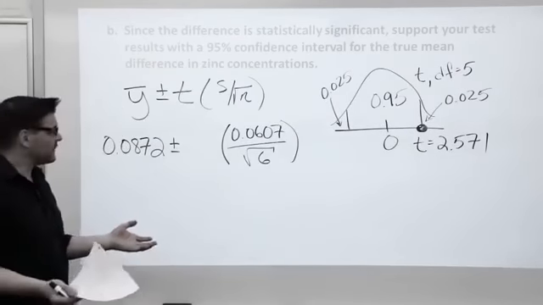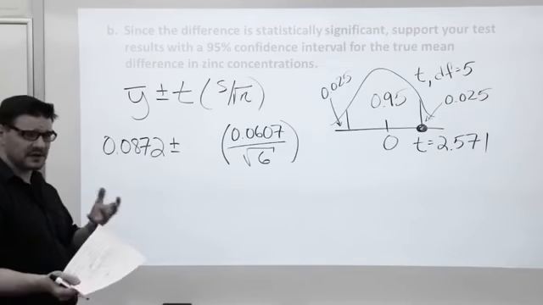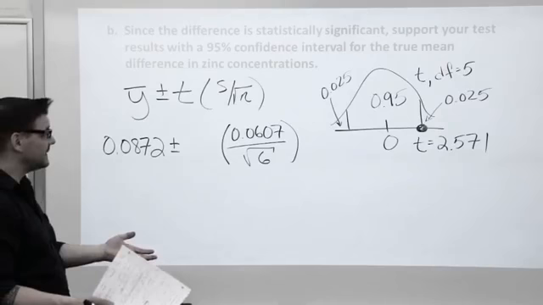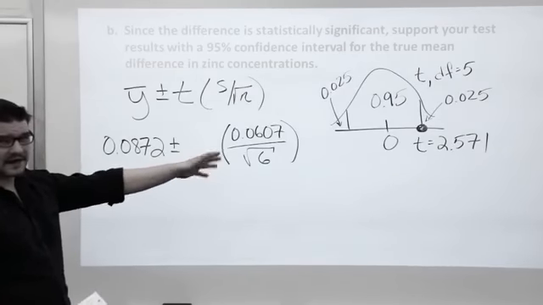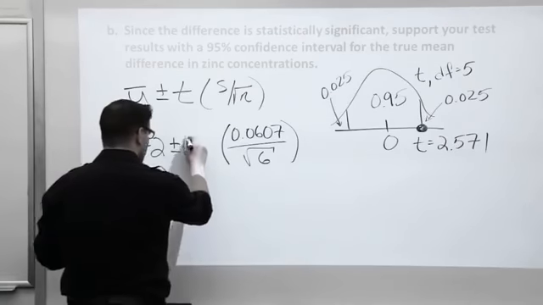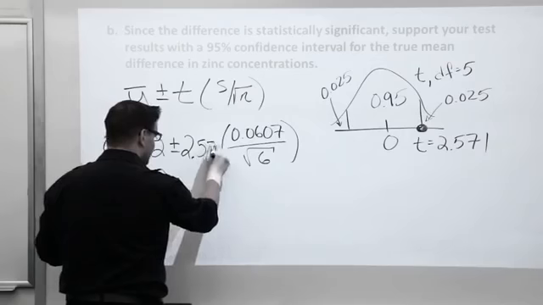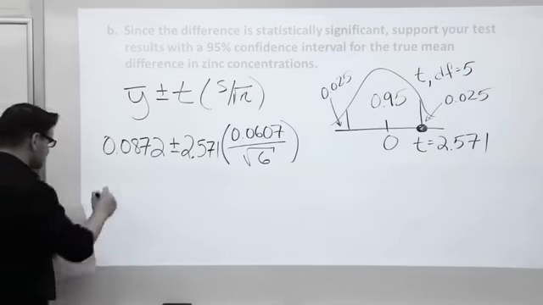Now that's for a 95% confidence interval, and remember the t differs from the z pretty substantially when I have small sample sizes. If we were using z, that'd be 1.96. So you can see that with tiny sample size, it's a pretty big difference there. Plug it in here, 2.571.